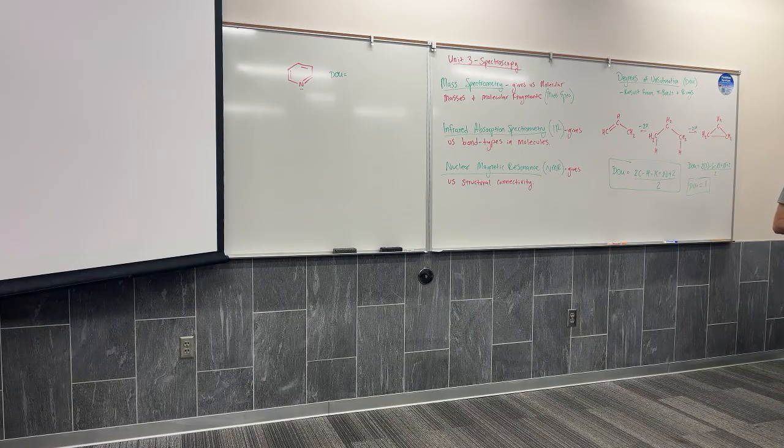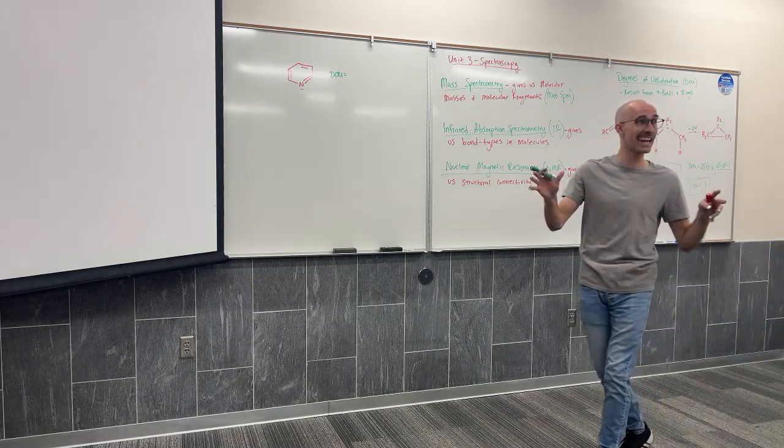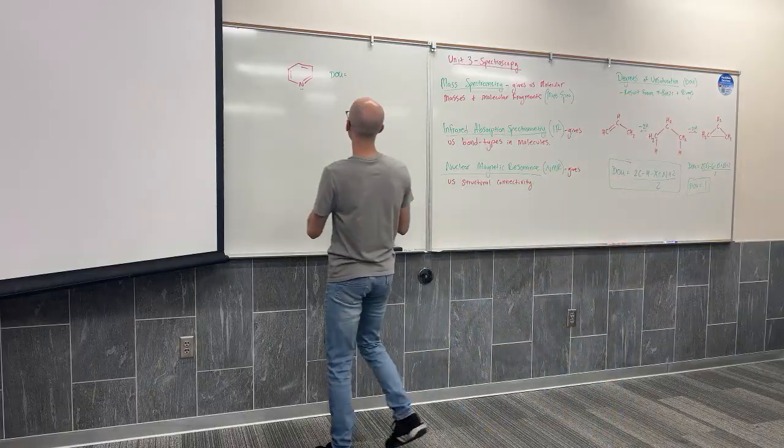What do you expect the degrees of unsaturation to be? How many pi bonds? 3. How many rings? 1. So this molecule should have 4 degrees of unsaturation. 8 additional atoms could be added.